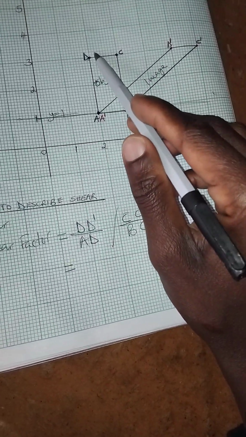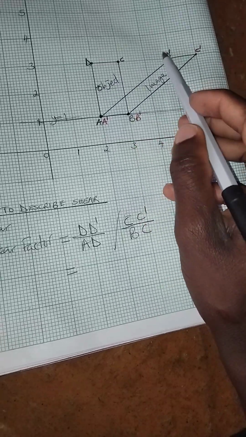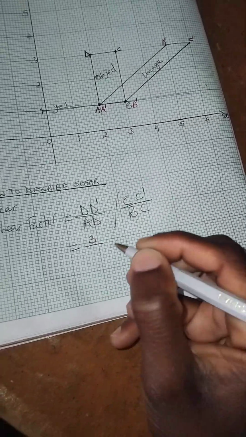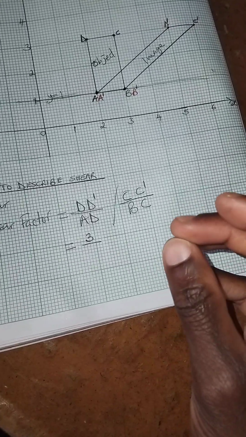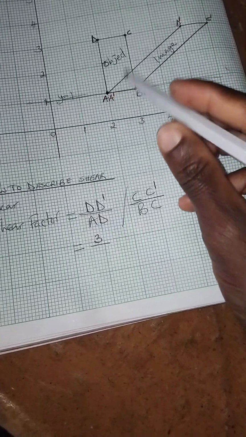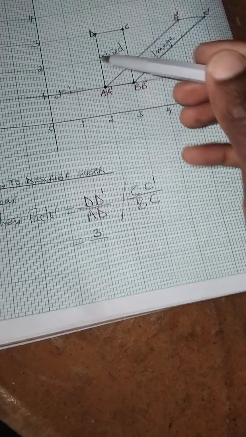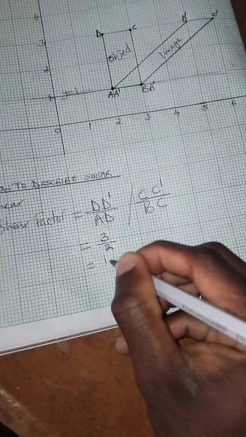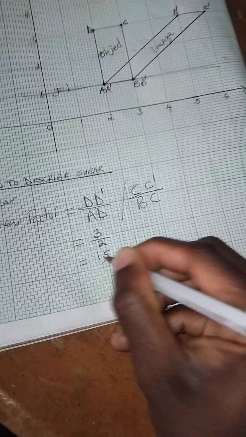d to d1, it's 1 2 3 over AD, 1 2. So our scale factor is 1.5.